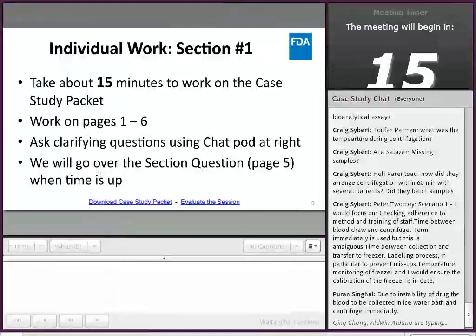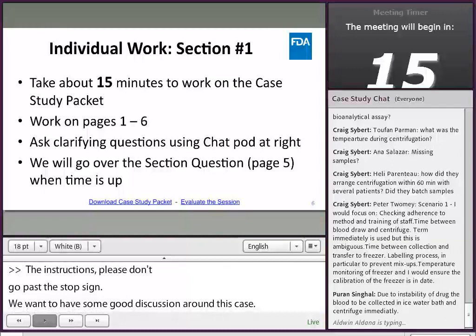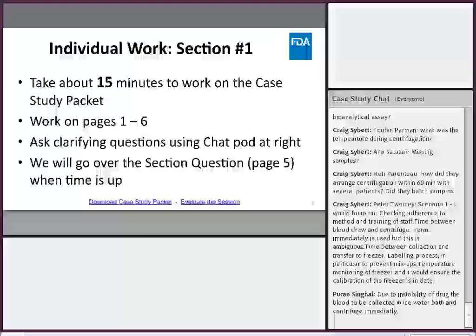So we want to have some good discussion around this case. So please don't go past the stop sign, complete one section, then we'll go to section 1.